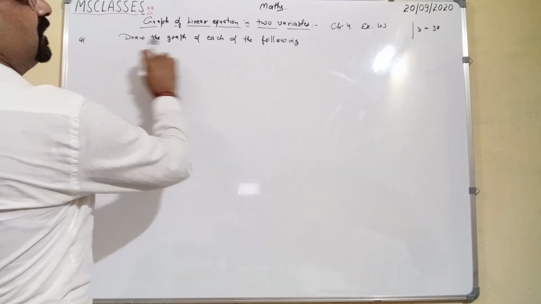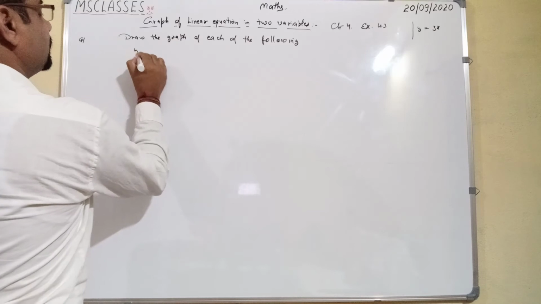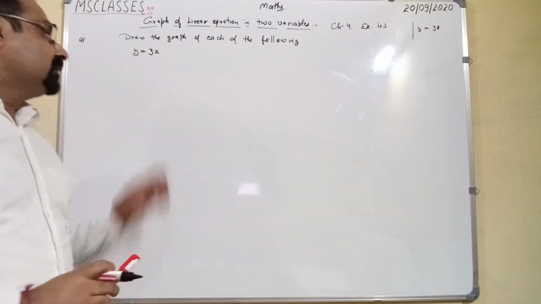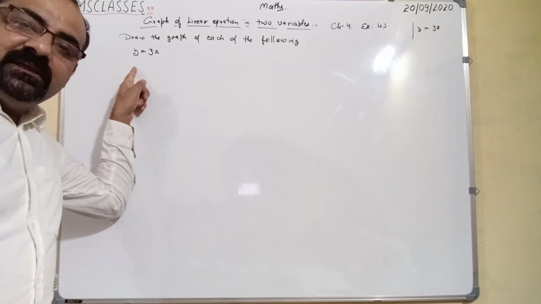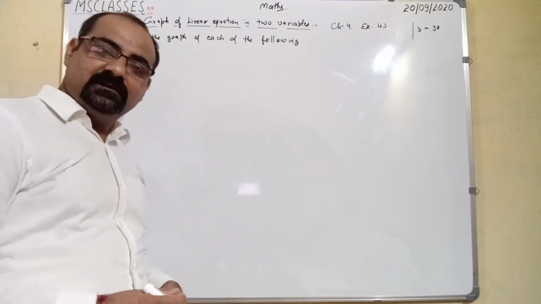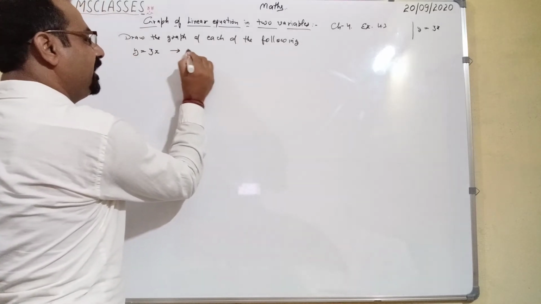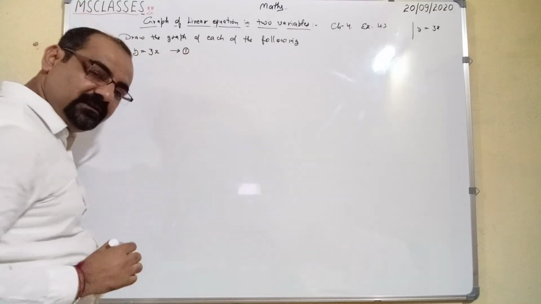Your linear equation is y is equal to 3x. Now guys, you see toward the left side you have only y, and toward the right side you have 3x. So you need to write only equation number 1.